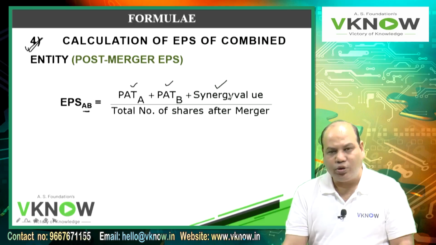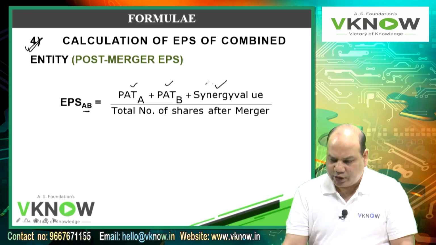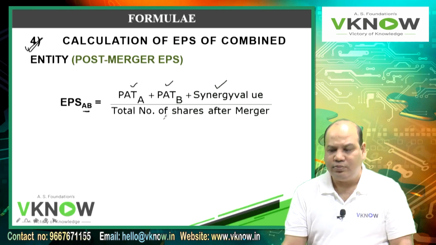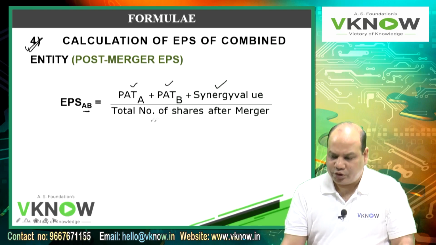So the numerator will be every time PAT of A plus PAT of B plus synergy value if any, divided by total number of shares after merger.